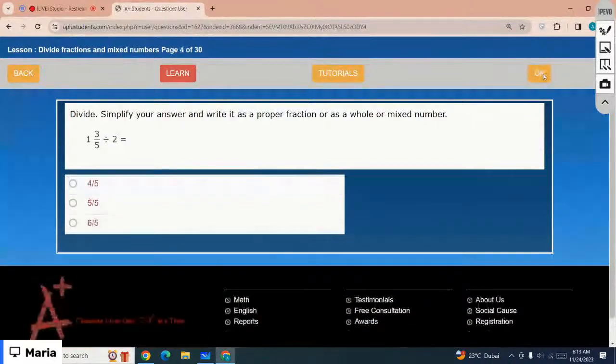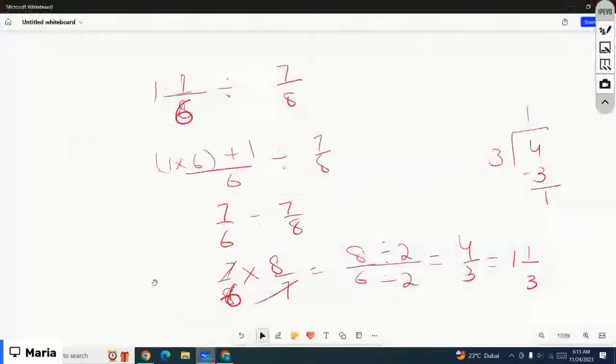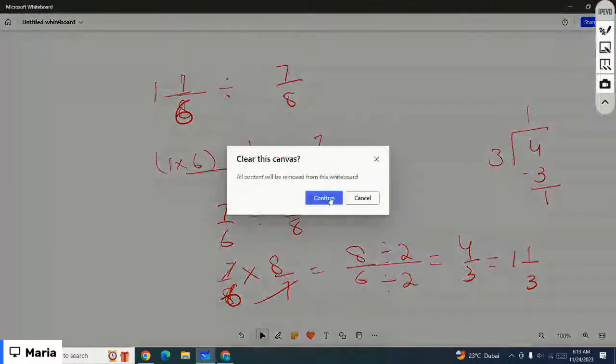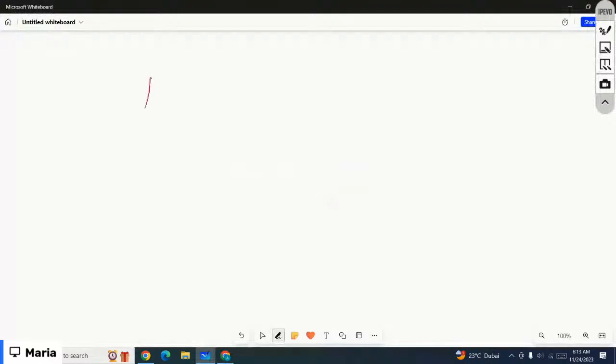You have your notebook and pencil. The next one you have to do on your notebook, right? 1 whole 3 over 5 divided by 2. Just do the question on your notebook and write the answer in the chat box. You have to do 1 times 5, that is 5 plus 3 over 5.